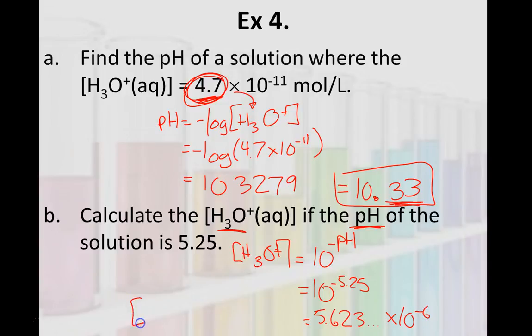So as a final answer here, with significant digits, how many SIGDIGs is this question giving me? So this is pH, right? After the decimal, 2, gives me a total of 2 here, so 5.6 times 10 to the negative 6 moles per liter.